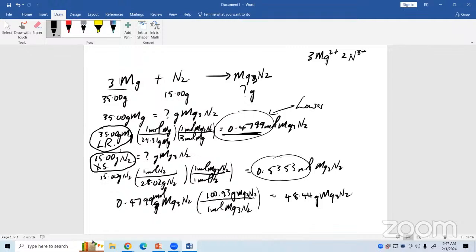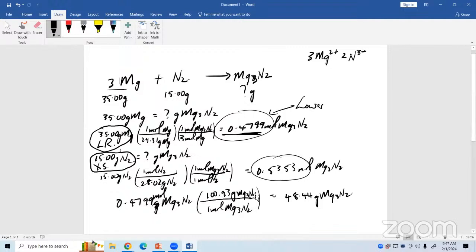So in order for us to find out how much of the excess reactant remains, we have to find out how much of the nitrogen, the excess reactant, reacted. And then we would subtract that from the original amount to get the remaining amount of nitrogen, which is the excess reactant.